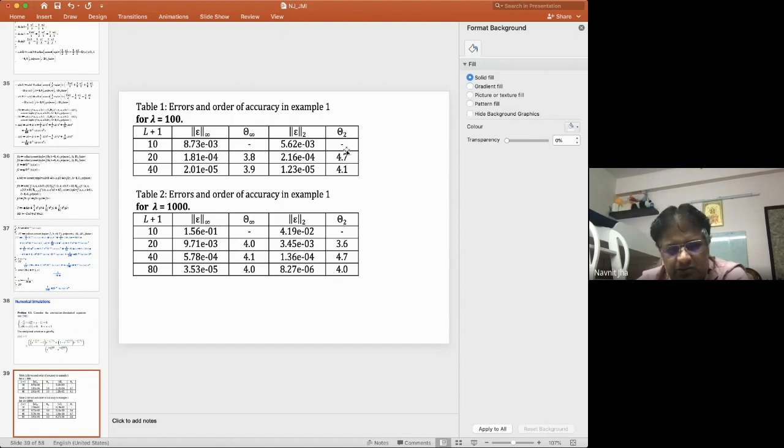It is also coming out to be 4.7, 4.1. If we again increase the value of lambda, that is, if we decrease the value of epsilon, it is coming out, for the same number of mesh points, 10, 20, 40, 80, to be 1, 3, minus 4, 5. The order is almost close to 4. Here also the order is almost close to 4 in both cases, L infinity norm and L2 norm.